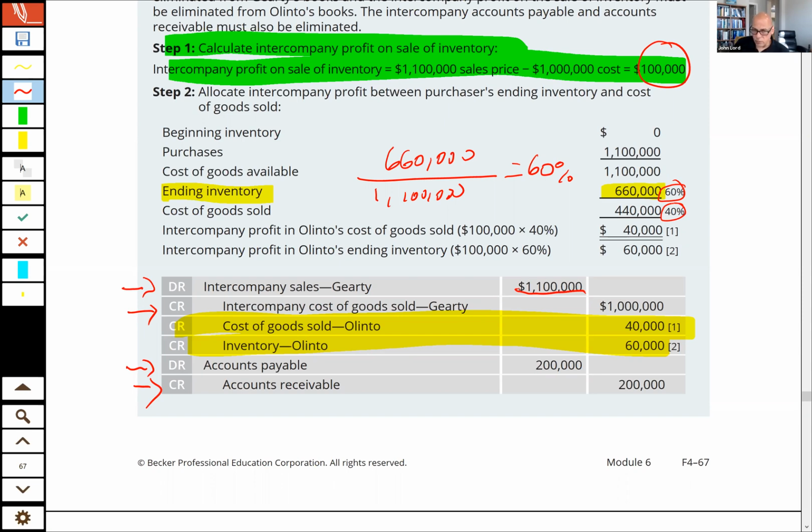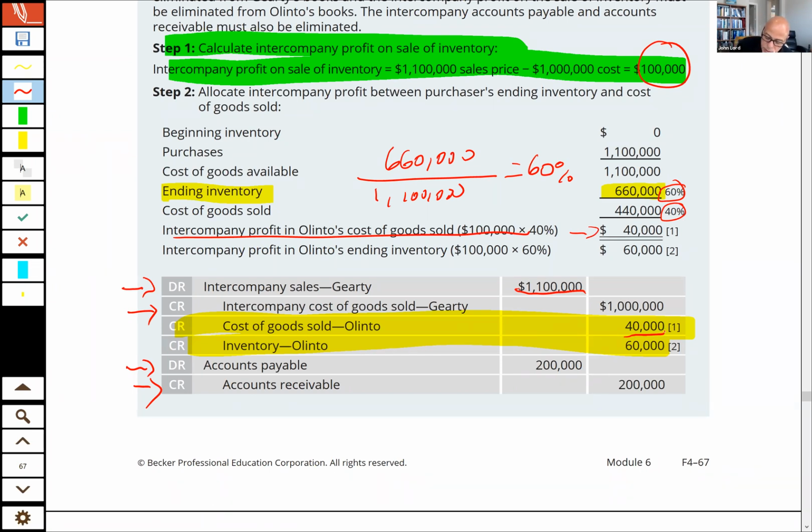So now we have our ratio for how we'll remove that intercompany profit from the cost of goods sold and from the inventory. Since there's $100,000 of profit and they sold 40% of it, that's a $40,000 credit to Olinto's cost of goods sold.